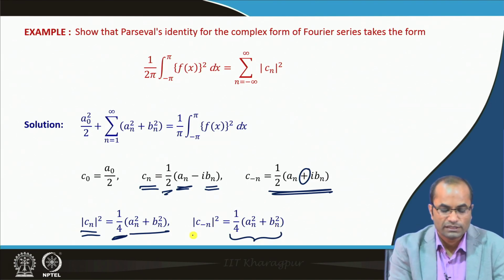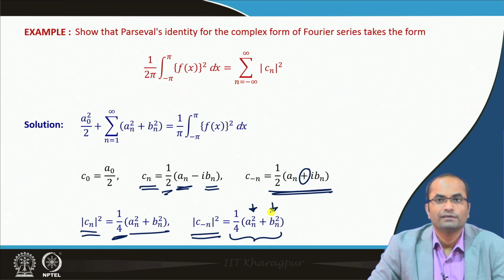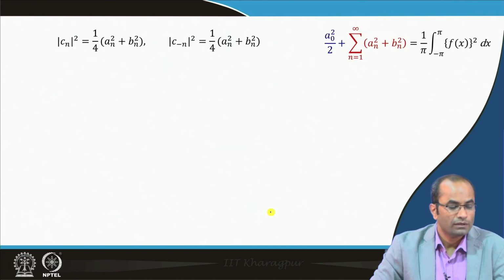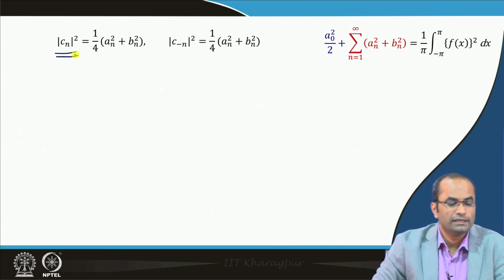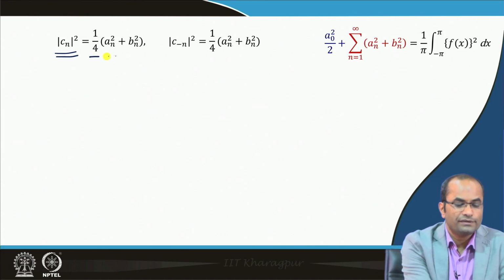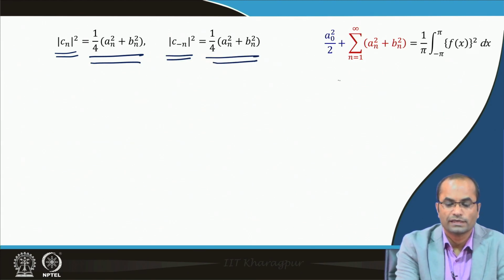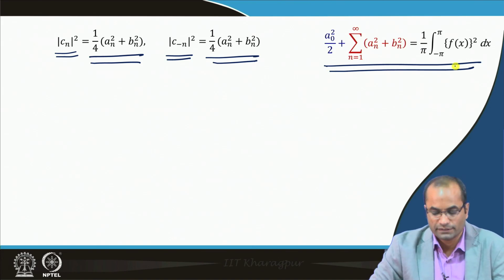So, again for C minus n, modulus square will be 1 by 4 of A n square plus B n square. Well, so this |C n| square is a quarter of A n square plus B n square, and |C minus n| square is also the same, and we have this traditional form of Parseval's identity in hand.